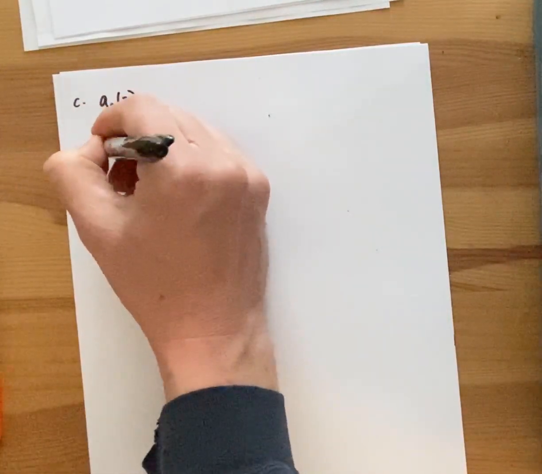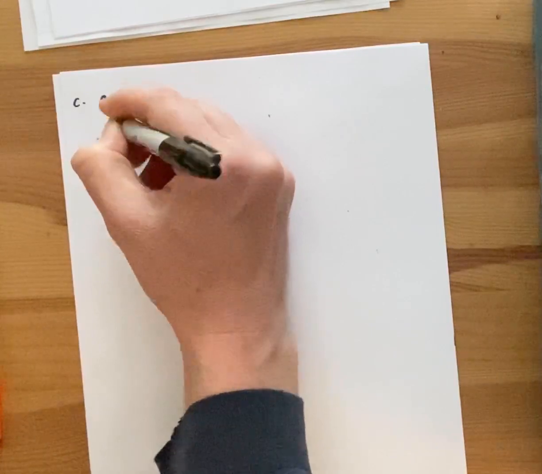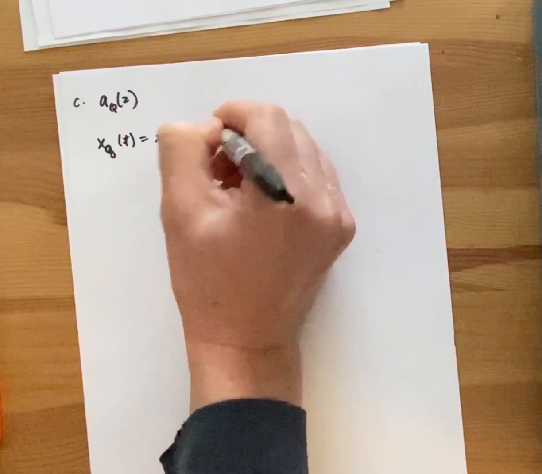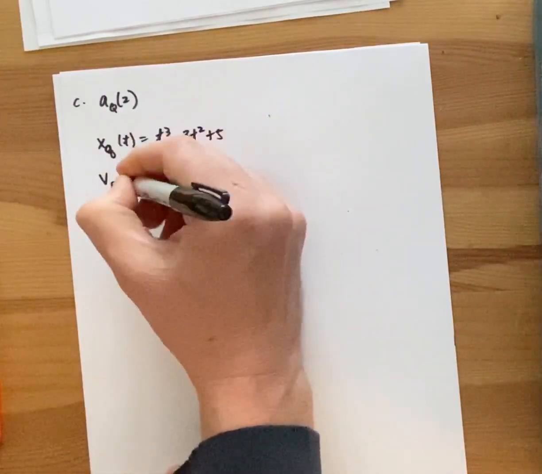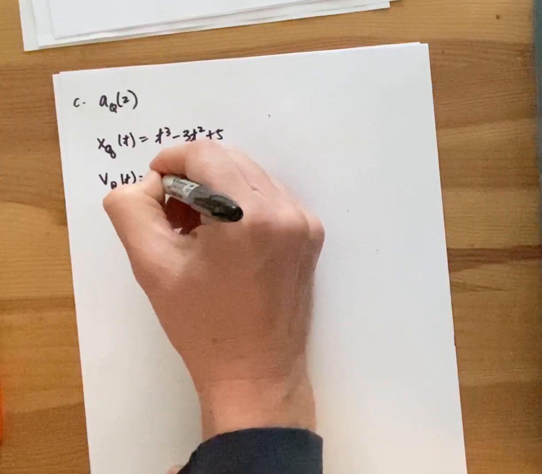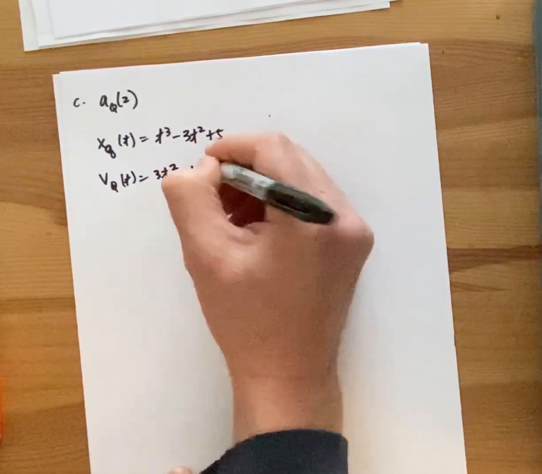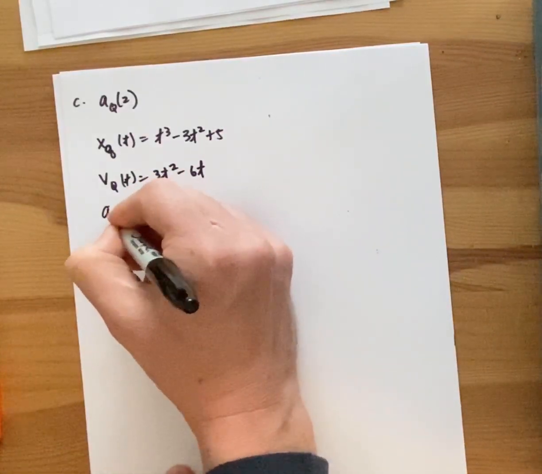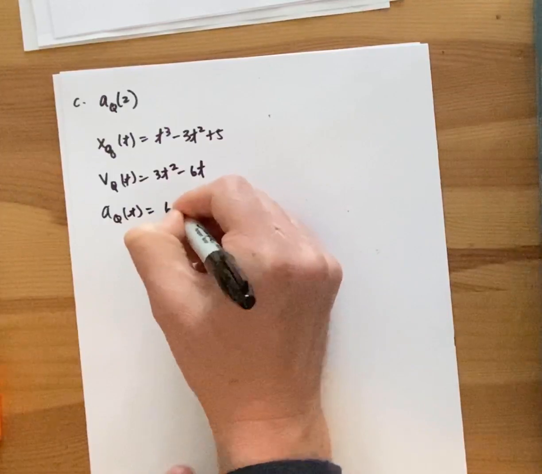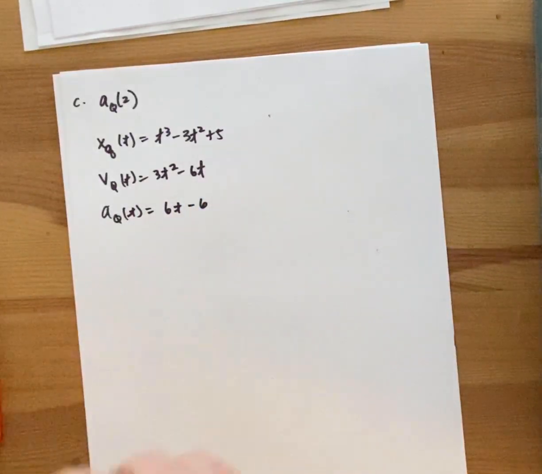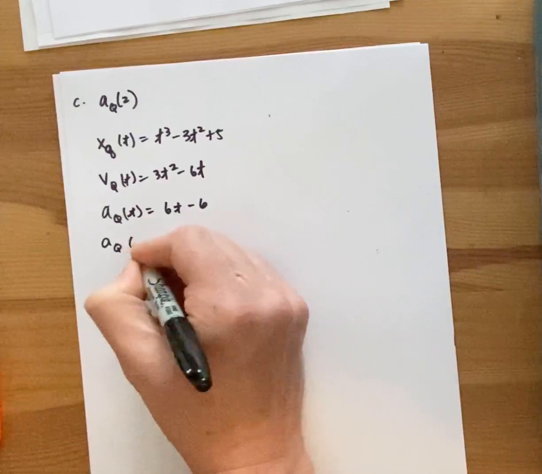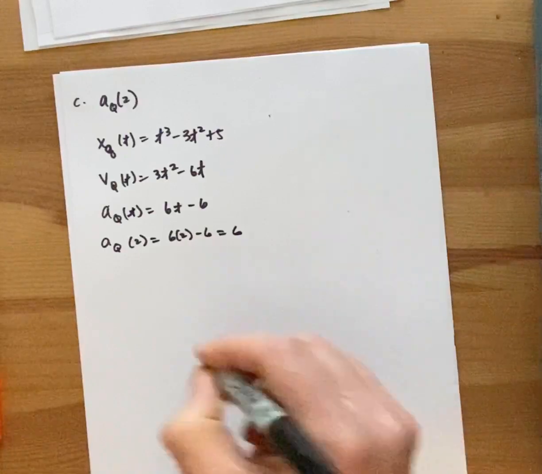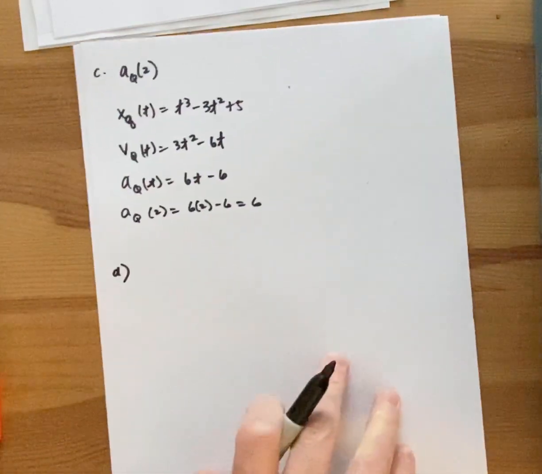Okay, so what you want to do is take your derivative, which would give us a velocity of Q. And now we could take our acceleration of Q, right? And then we could plug in 2. So that would give us 6. That was a nice and easy one that we got.